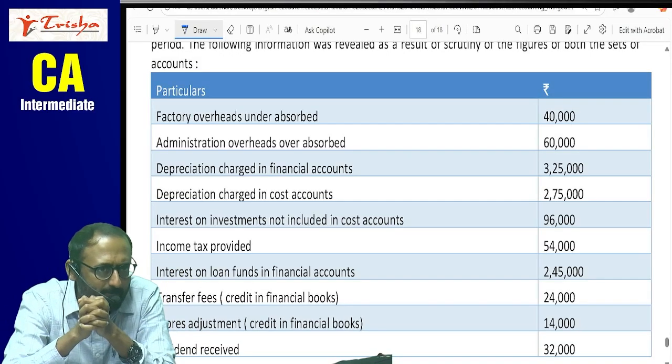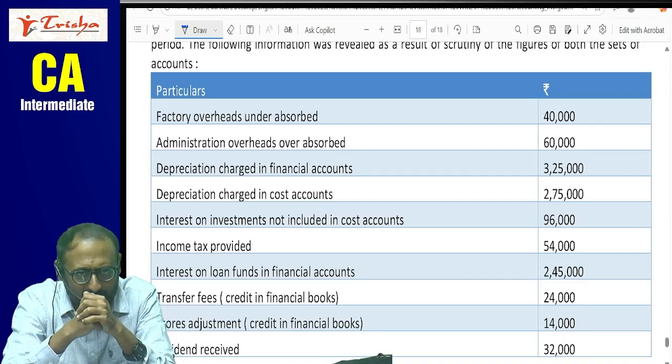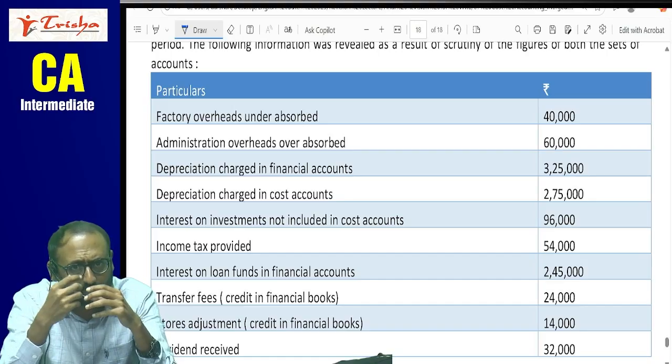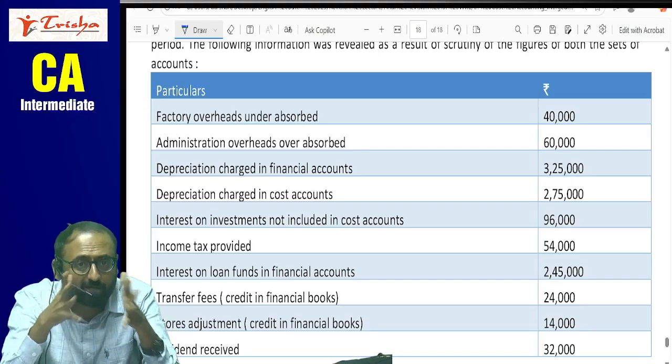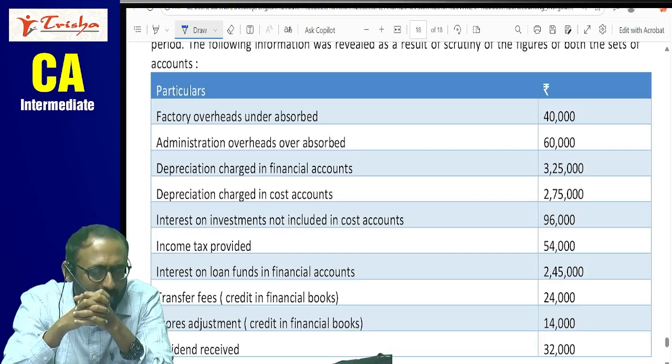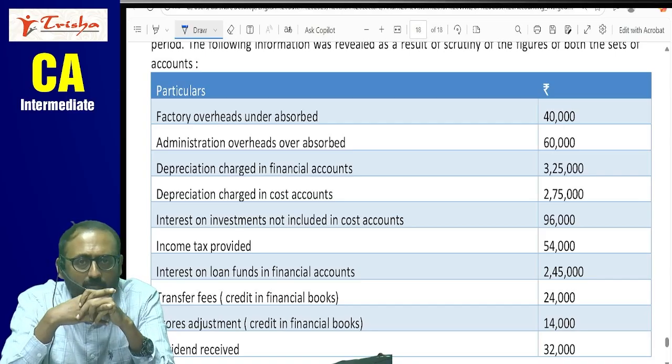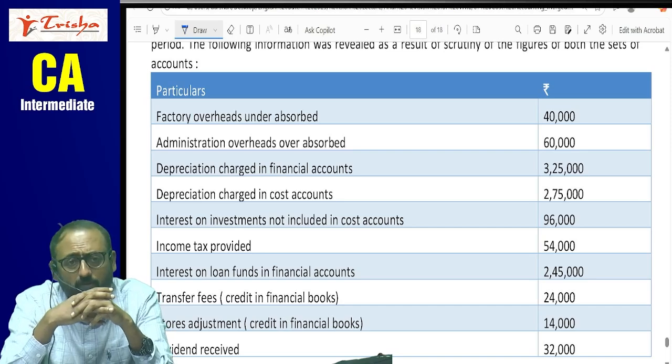What do you think, Sirji? You tell me, then I'll explain. Sirji, under absorption of 40,000, whose profit will be more, whose profit will be less? Think quick and answer. Costing profit will be more or less? Costing profit will be more. Why will costing profit be more?